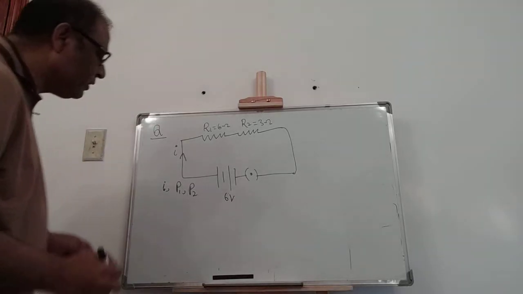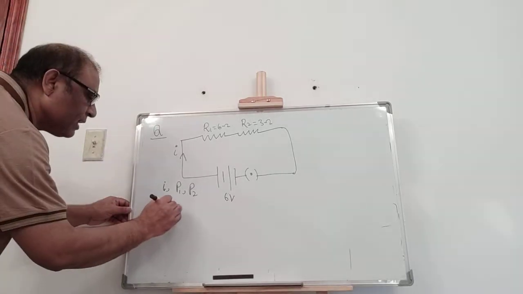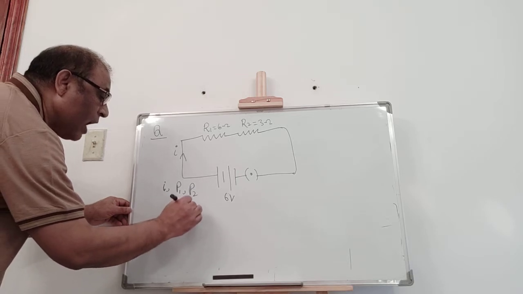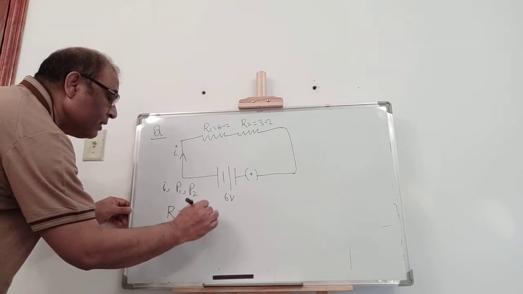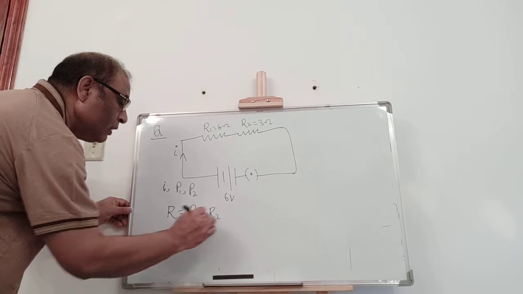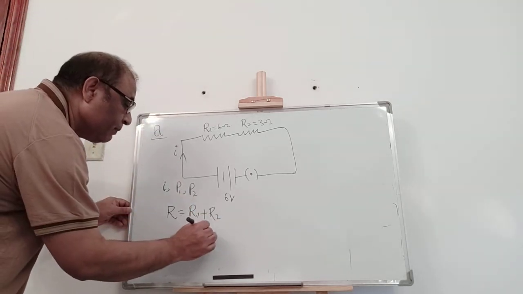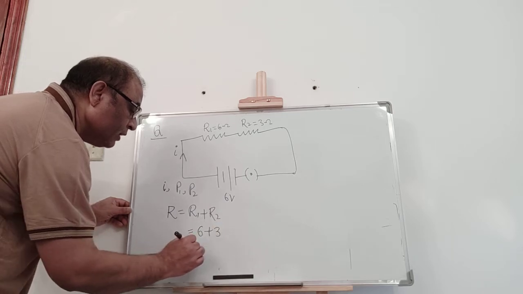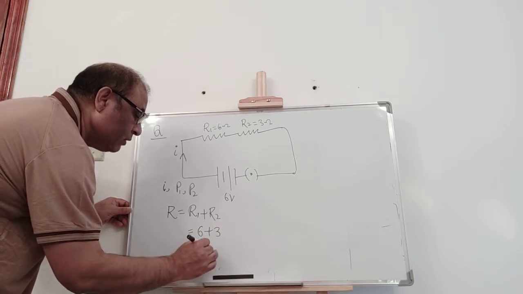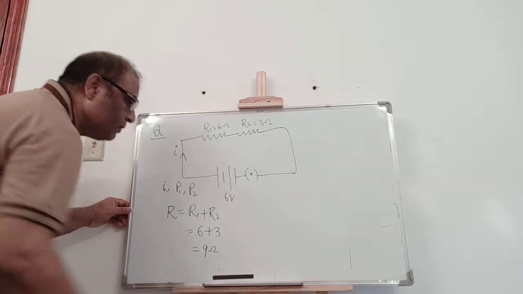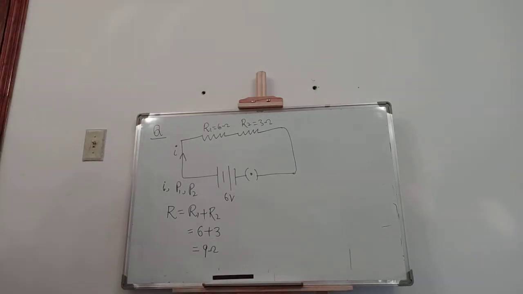Resistances are in series, so total resistance R equal to R1 plus R2, 6 plus 3 equal to 9 ohm. Total 9 ohm.